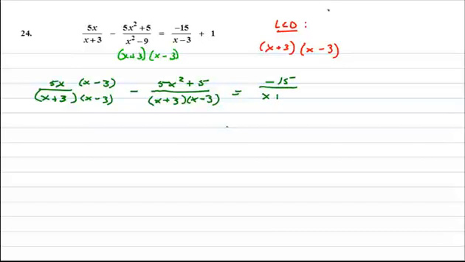We are missing the factor of x plus 3. And in this last term, well, first of all, let's put it over 1, and we are missing both factors.